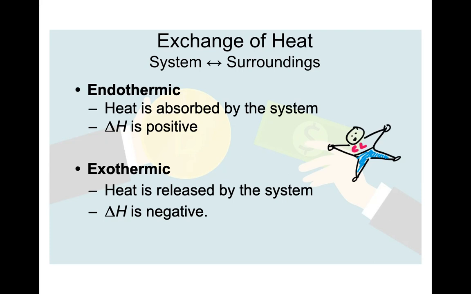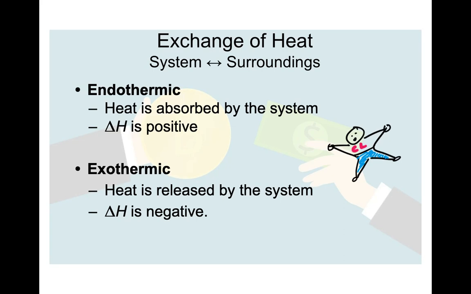In an endothermic process, the particles that we're talking about grab energy from the system, and often the surroundings feel colder because the surroundings have given energy to the system. The system itself, though, increases in energy, increases in enthalpy. That's why the delta H is positive.